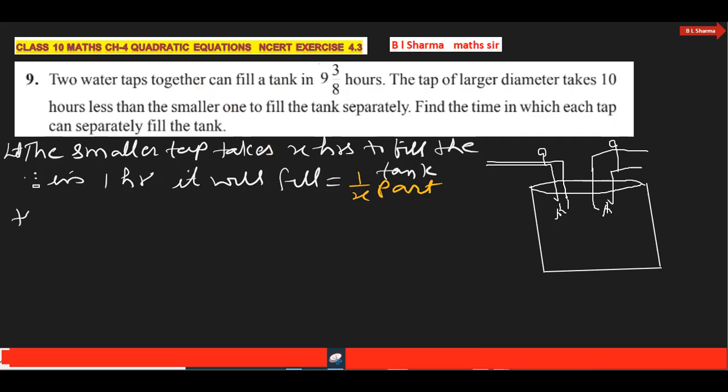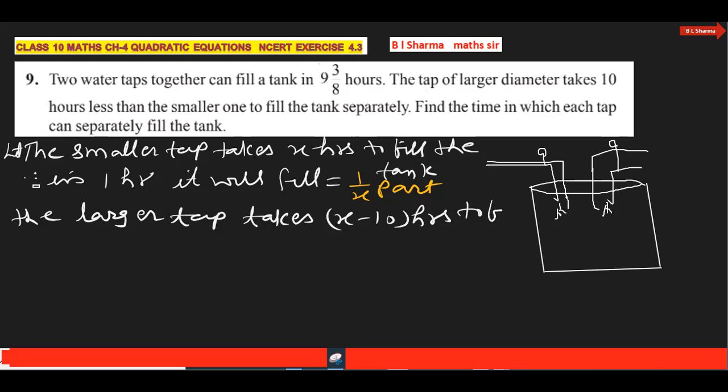The larger tap takes x minus 10 hours to fill the tank.